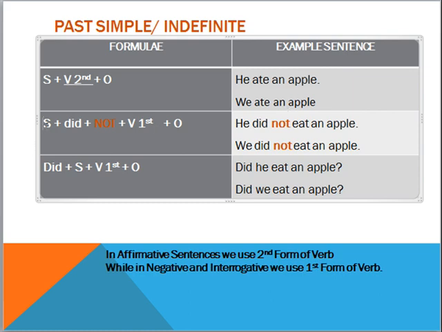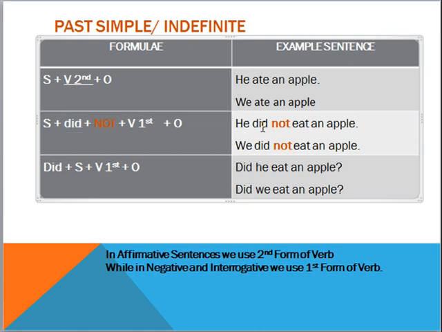In the negative sentence, we use subject, then did not, then verb's first form. Keep in mind, students make mistakes here. Normally, we use the second form in the affirmative, and the correct form for the negative or interrogative is the first form. In other words, when we use did in the sentence, we use the first form.